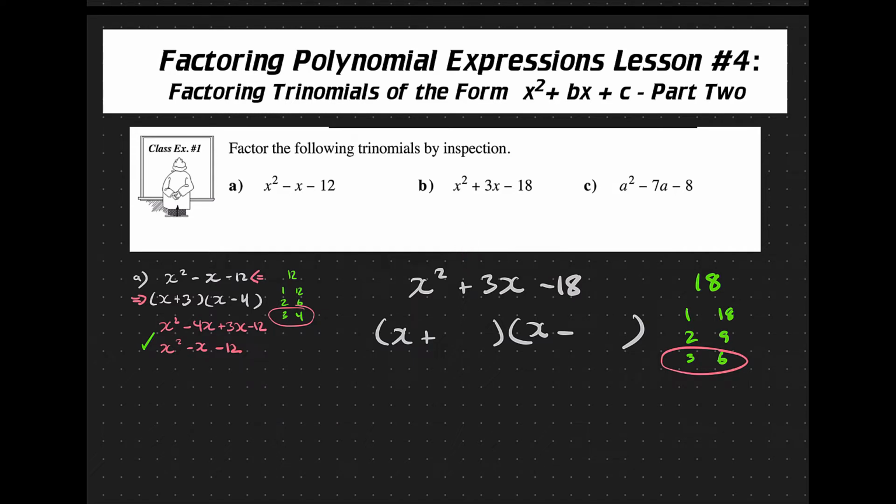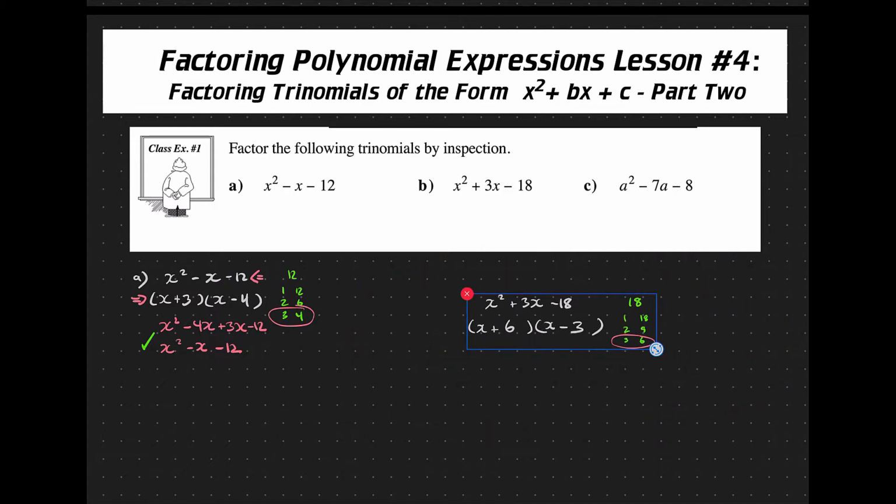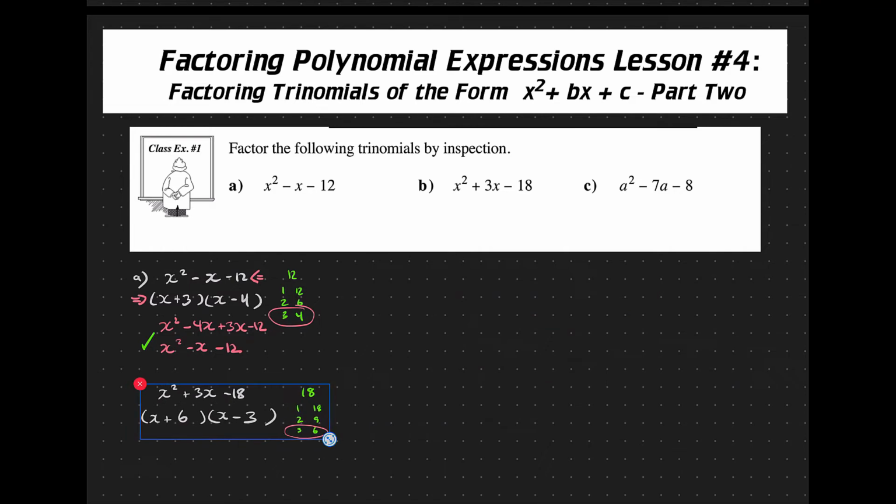So I'm going to take the 6 and put it with the positive and put the 3 with the negative. And again, if we expand that out, we should return back to our original trinomial. Okay, there we go. B can go over here. Should put a little B there.